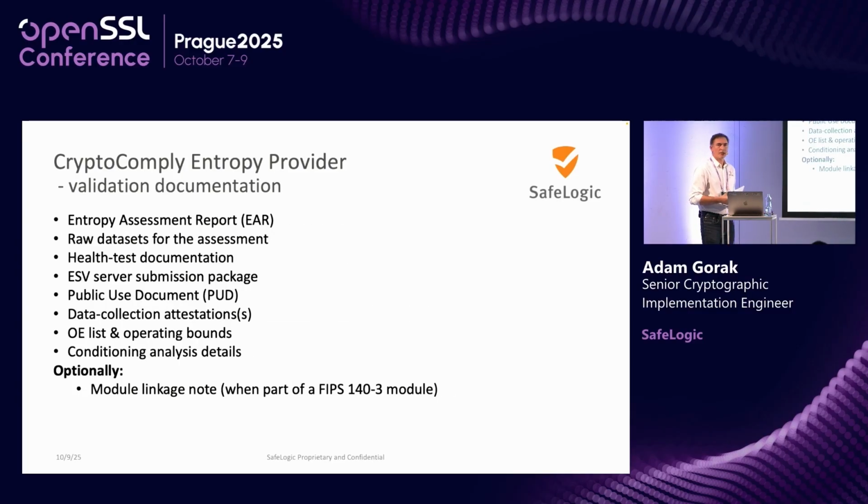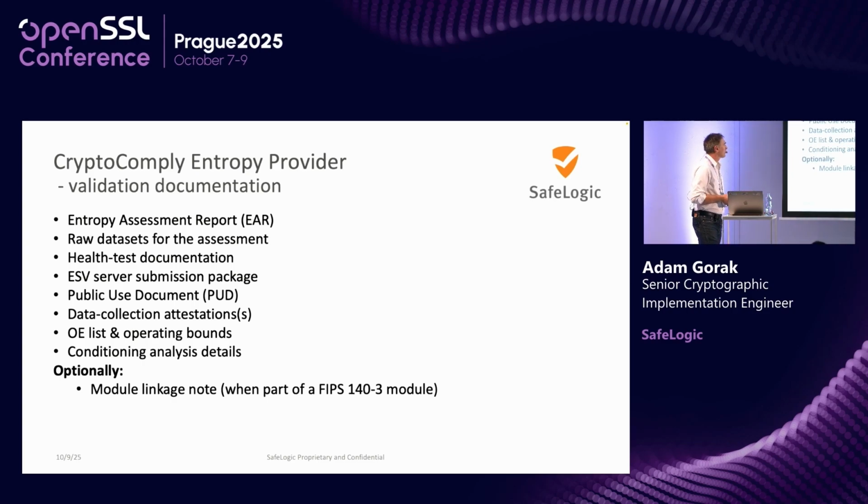The validation of the compliant entropy source also requires preparation of certain documentation. The most important ones are the EAR, which is a central document. It contains a description of the noise source, entropy data sets, statistical results, a description of health testing, and a description of operational procedures.